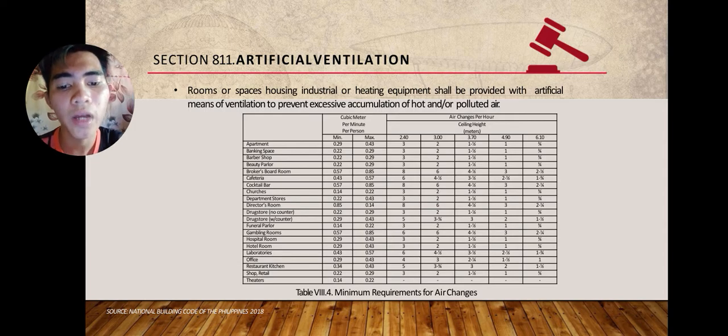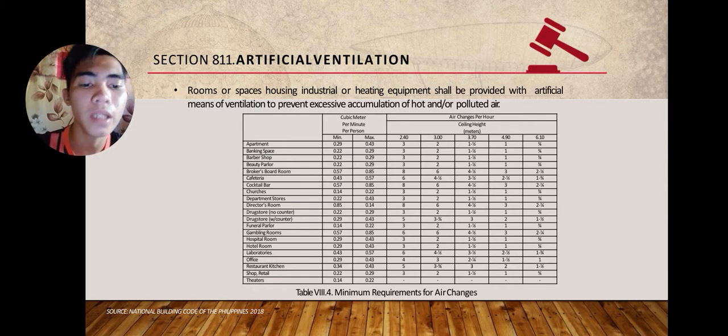Then whenever artificial ventilation is required, the equipment shall be designed and constructed to meet the following minimum requirements in the air changes.